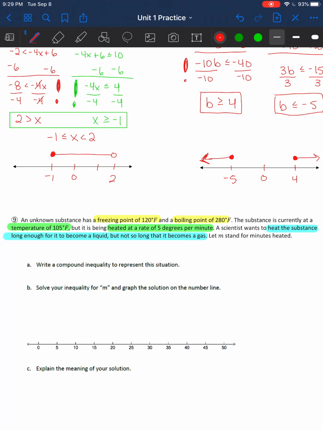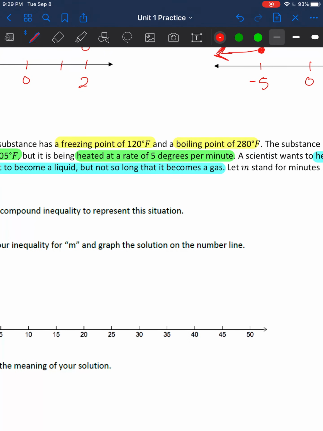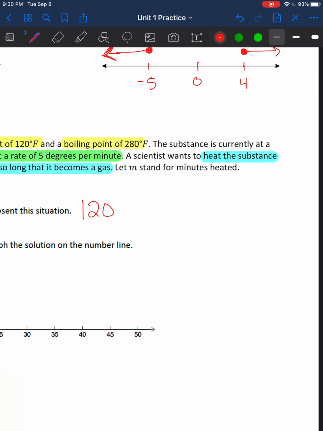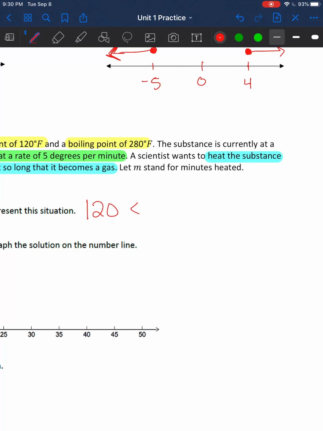If the freezing point's 120, that's when it's going to become a solid, and the boiling point is 280, when it's going to become a gas, that means that we want to be above the 120 mark, but below 280. So I want to be above 120 degrees, but I want to be lower than 280.